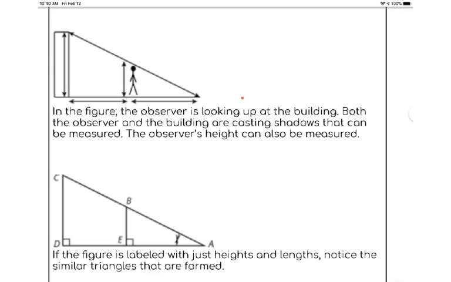So we can measure the height of the building, the observer's height, and the shadows that are cast from both of them, okay? So let's identify this as two similar triangles, and we're going to label them with heights and lengths so that we can see if we can find the similar triangles that are formed.